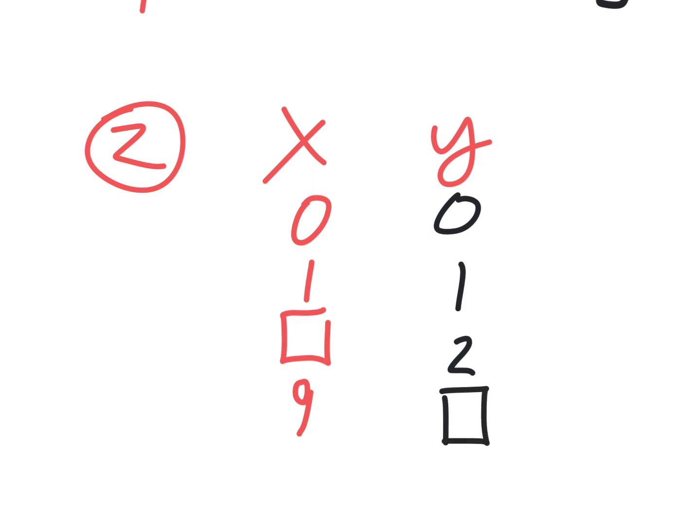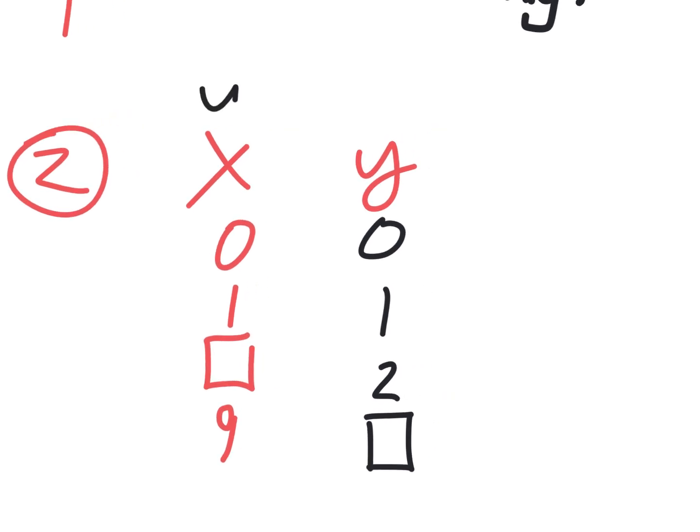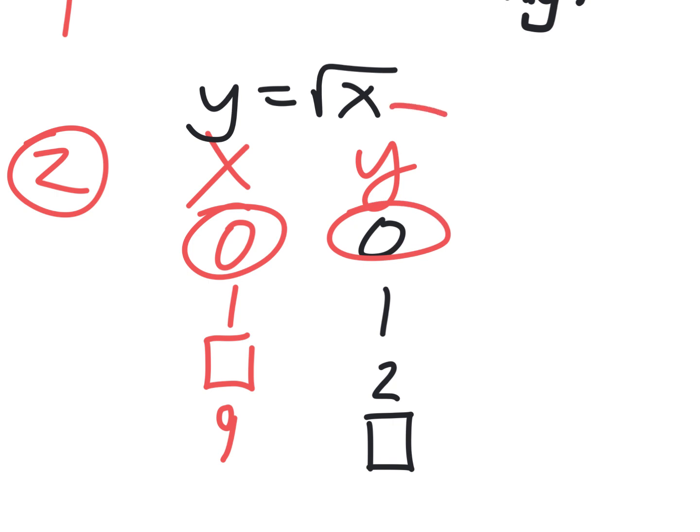Now, it must tell you something else. Oh, it tells you the equation. Read me the equation. Y equals the square root of x. So if you put in 0 in this equation, you get 0, and that makes sense to me. If you put in 1 in this equation, you get square root of 1, which is 1.